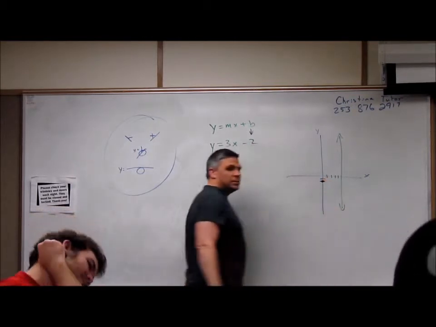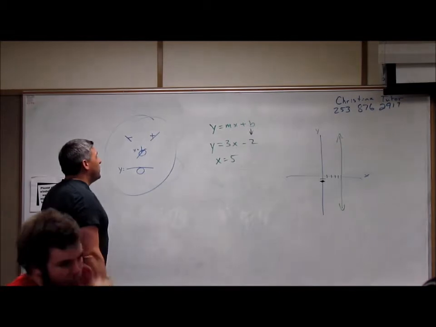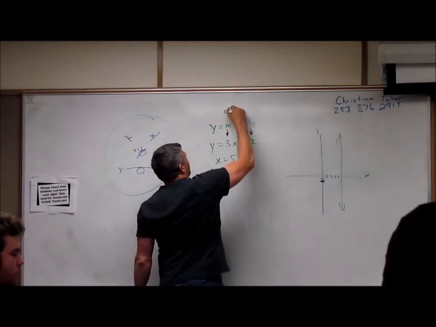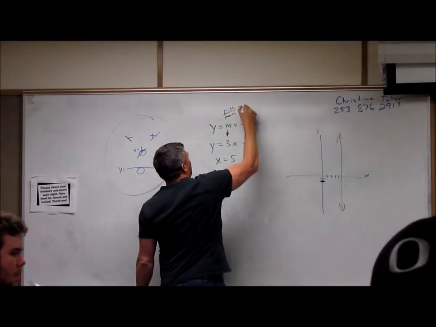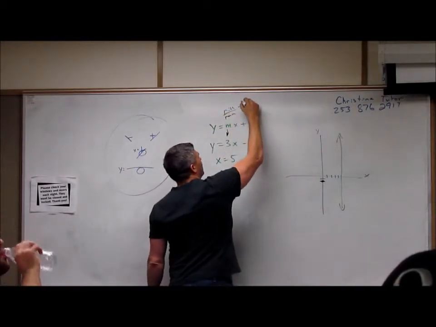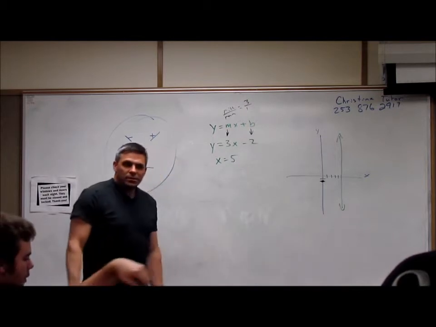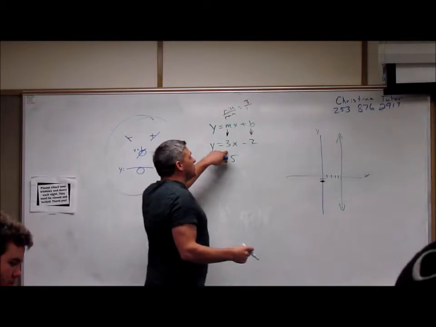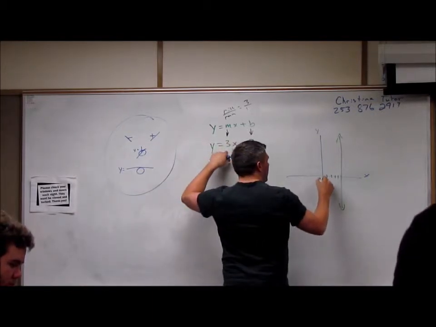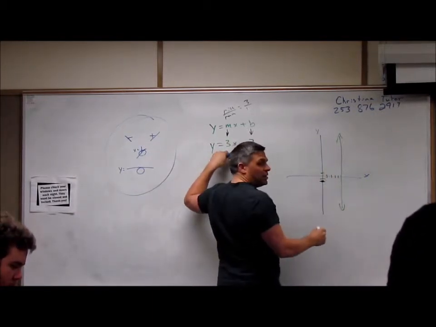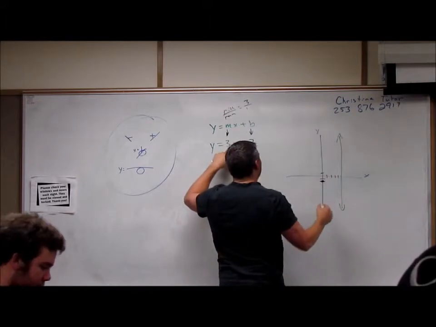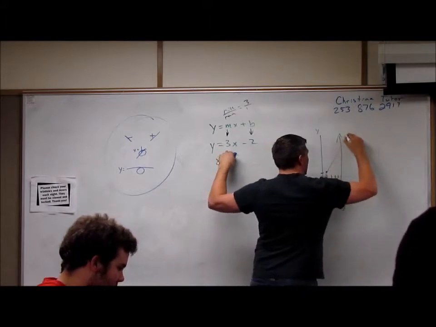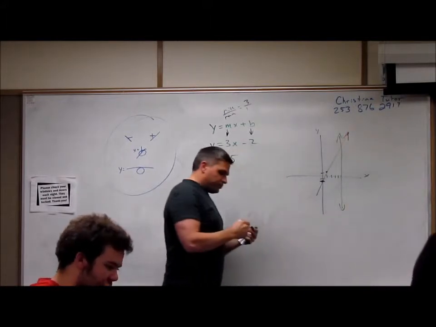Make a dot there. And then I'm going to do my slope, which is rise over run. And this is the one that confuses people because it's a 3 over 1. The rise over run, 3 over 1. So I've got a rise of 3, 1, 2, 3, and a run of 1. So this is my new equation.